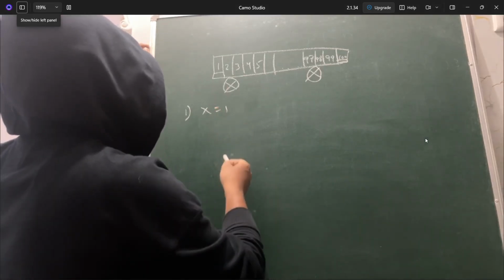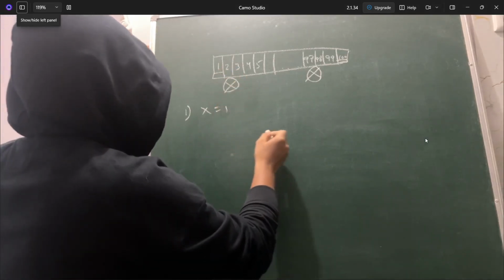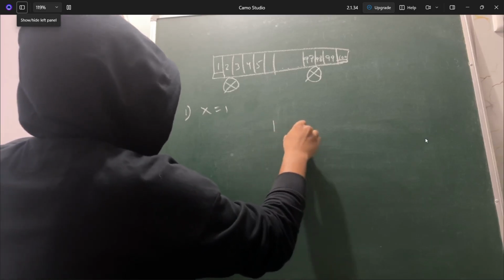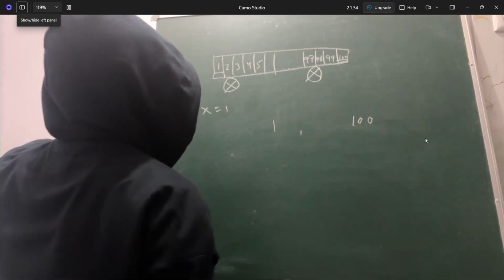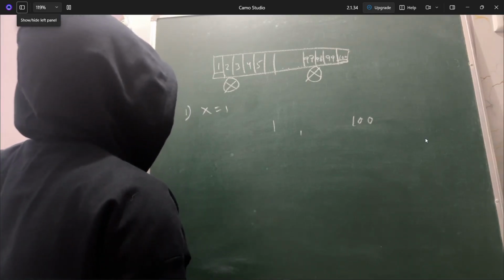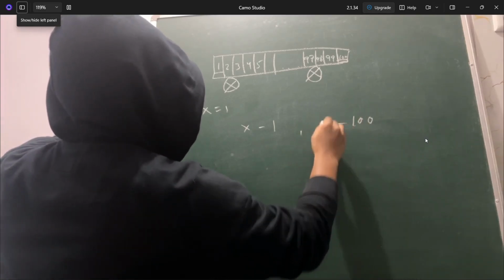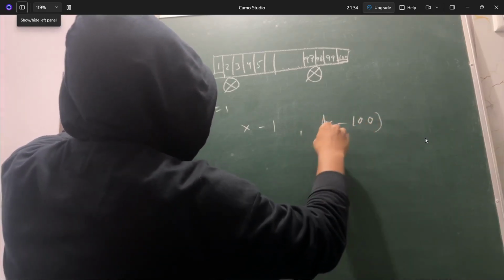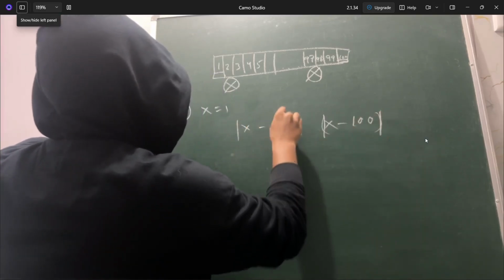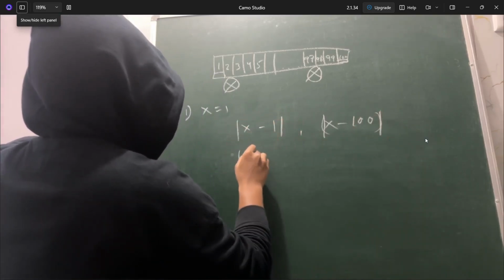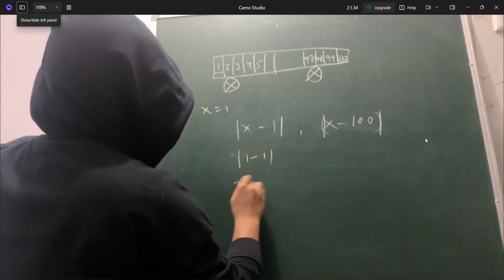So how can we solve this? We know one door is at position 1 and the other door is at position 100. We'll compute x minus 1 and x minus 100, and take the absolute value, which is basically the modulus. For x equal to 1, 1 minus 1 is 0.